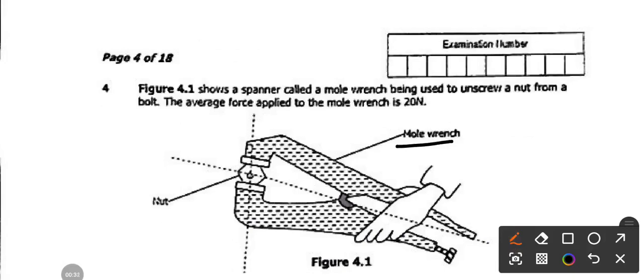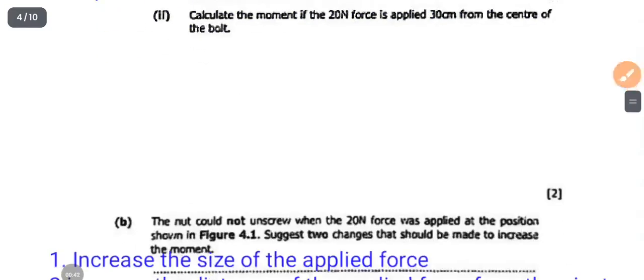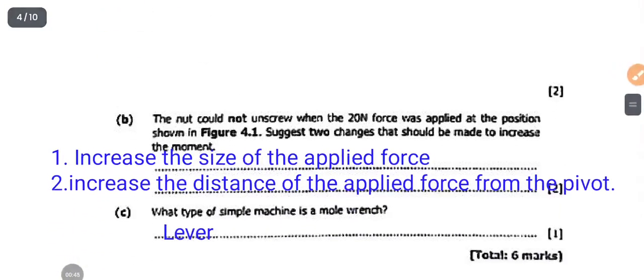A Moore wrench also has two bars here that would turn about this fulcrum. So that's why we're saying that a Moore wrench is a type of simple machine called a lever, because they both work under the same principle of a turning effect of a force.